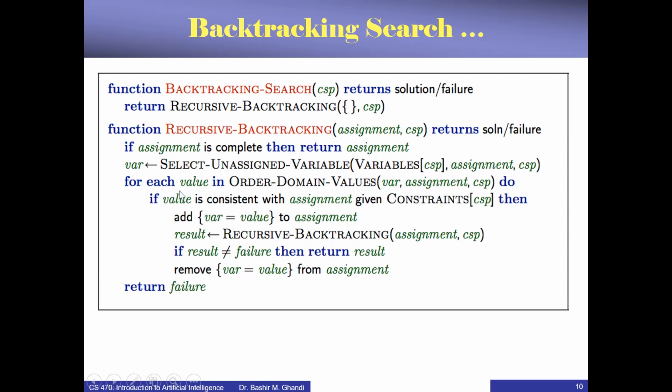All right, so if it works and all variables are assigned, we will never really reach here. We will never reach this return failure. One of the return results here will actually return the final result, because if you remember, each time the algorithm is checking if the assignment is complete, we stop.